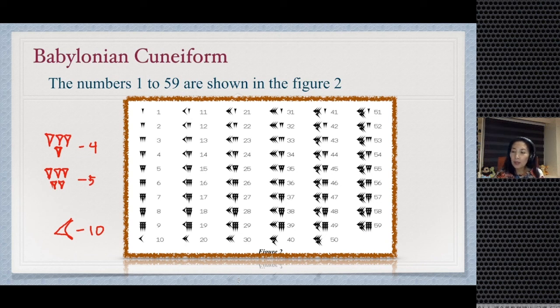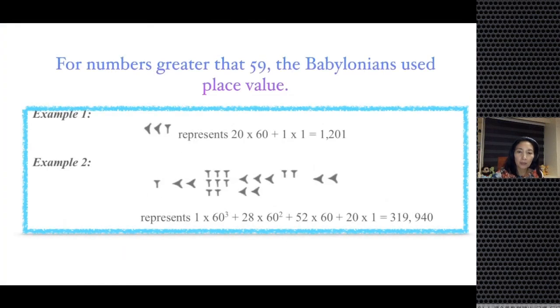Because the Babylonian cuneiform is a sexagesimal system. It makes use of base 60. So please take note of that. This is sexagesimal. We proceed to the next.